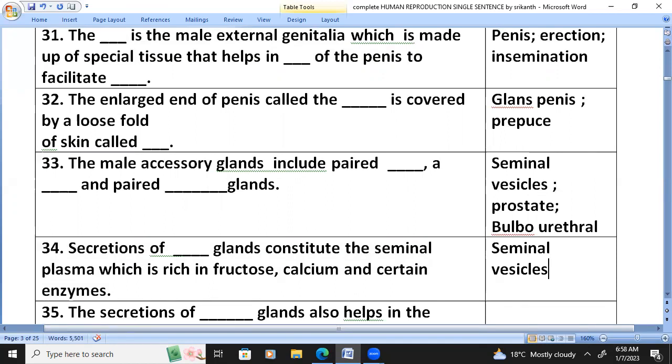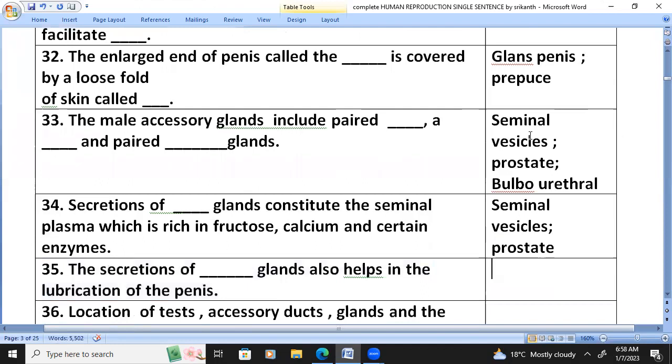The secretions of seminal vesicles constitute the seminal plasma, which is rich in fructose, calcium and certain enzymes, along with prostate gland. Secretions of these glands also help in the lubrication of the penis. Bulbourethral glands.